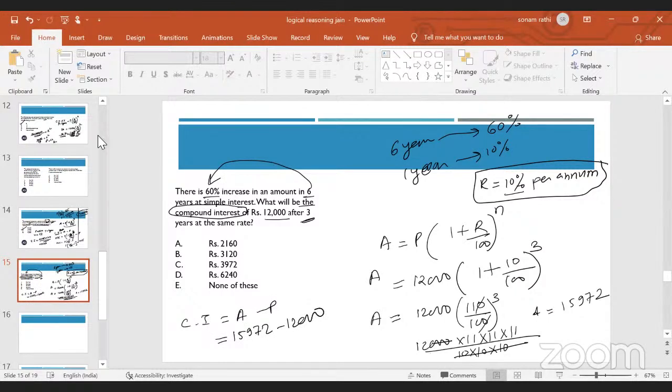So how much will I get? Yes, correct answer. Answer is option C. Right? Is it clear to everyone?